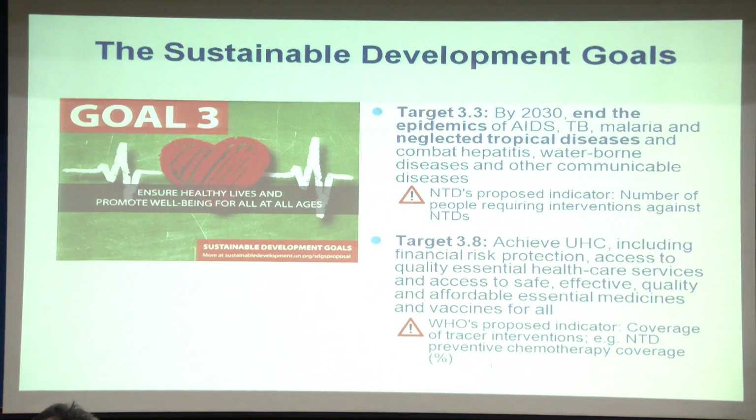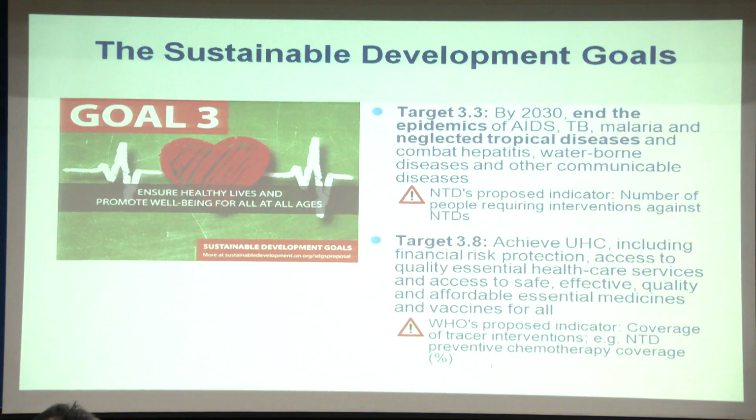I just want to say a few words about the Sustainable Development Goals. For the first time, as was mentioned earlier, the NTDs are now explicitly mentioned on the development agenda.